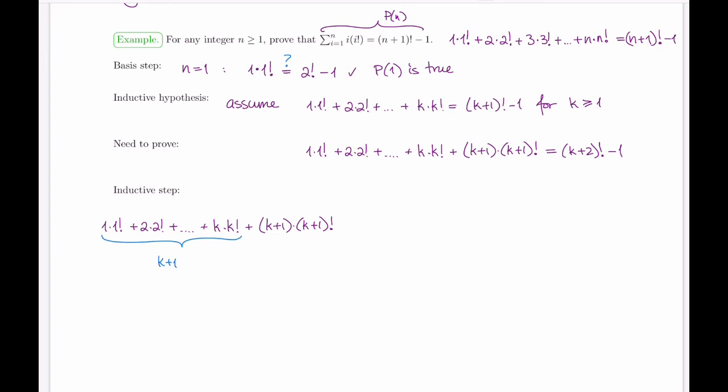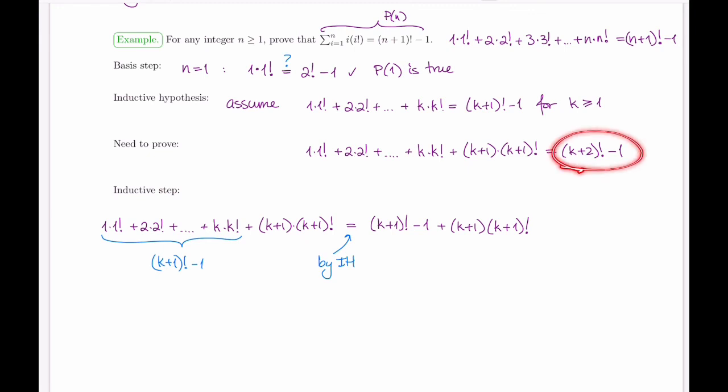So k plus 1 factorial minus 1 equals, and again, I need to include my justification for this equality. And what I have is k plus 1 factorial minus 1. Now the rest of it I have to rewrite. So I have plus k plus 1 factorial. Lovely.